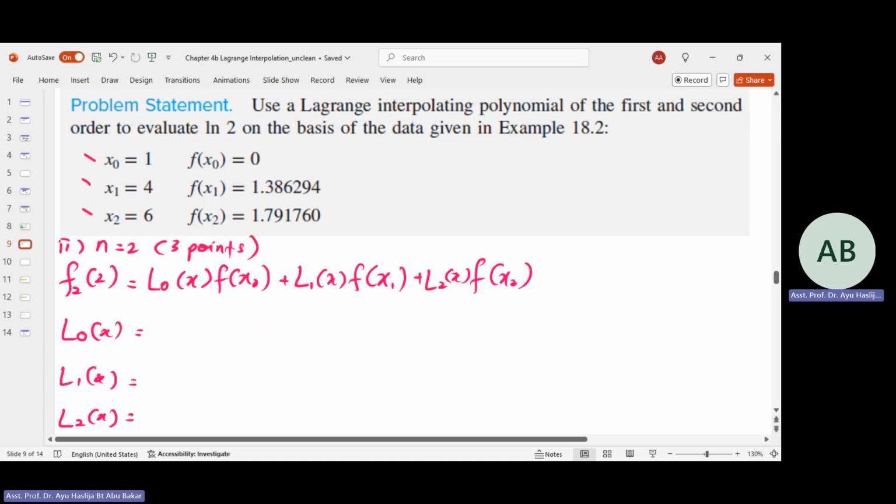Okay, so most of you can understand the concept, but some of you are still confused. As I mentioned earlier, for L function, you must include all data points. L0, so x minus x1, x0 minus x1. Do not stop until here. You must include x2 as well.